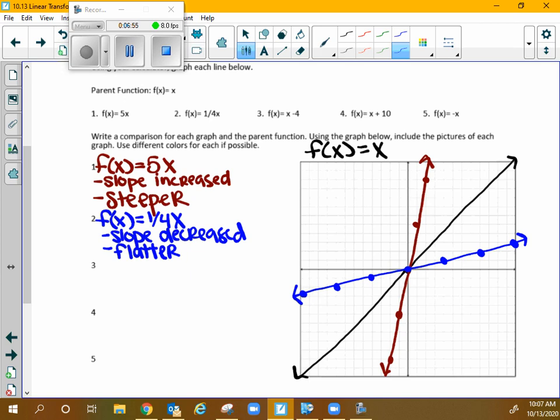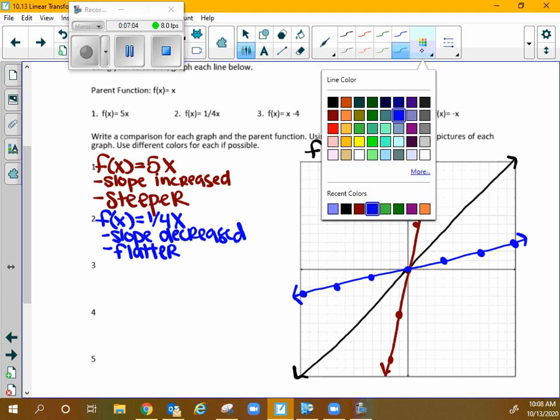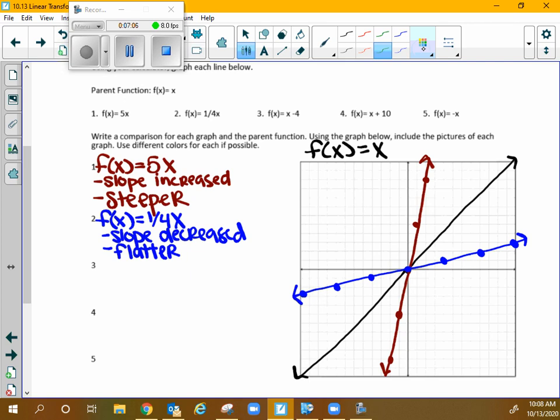Was this hypothesis right? Yes, it was. All right. Go to the next color. Number 3, f of x equals x minus 4. What changed? The y-intercept.